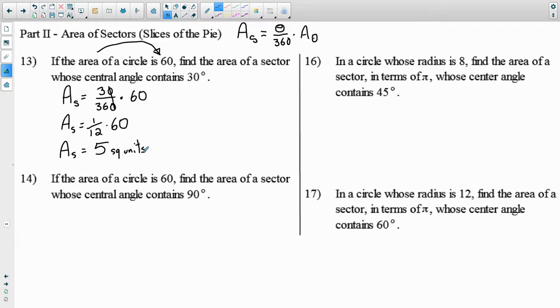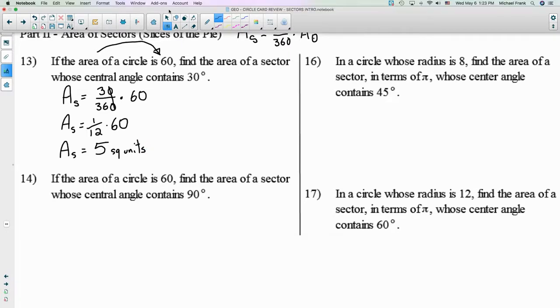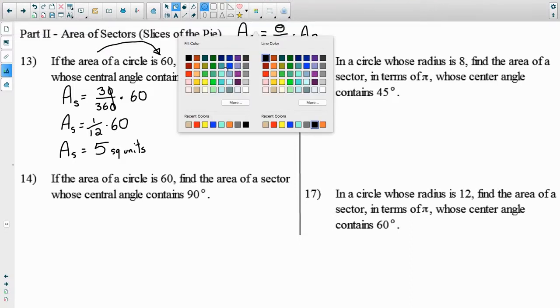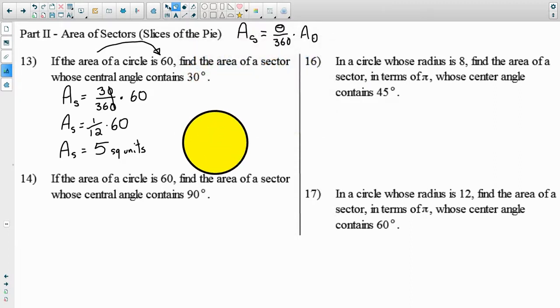Now, I just want to give you a visual here of what we just did. A visual would be like this, right? So I'm just going to take a circle here. Let me fill it in with some color to make it look nice. Make a yellow circle. Okay, so there's a circle, right?